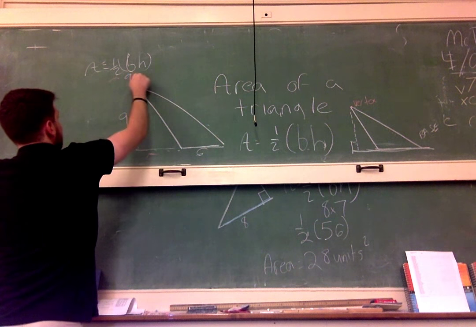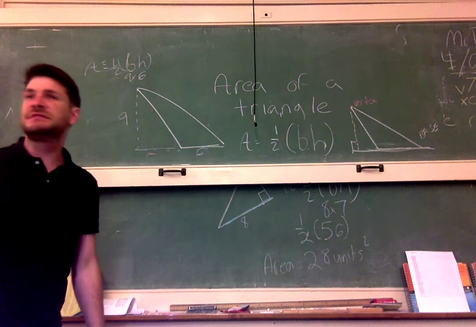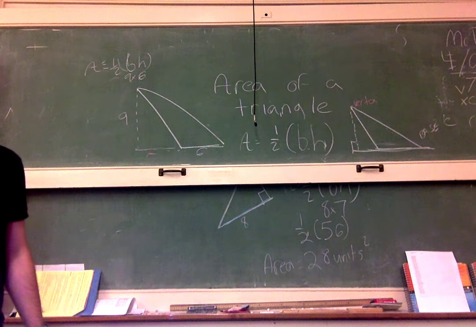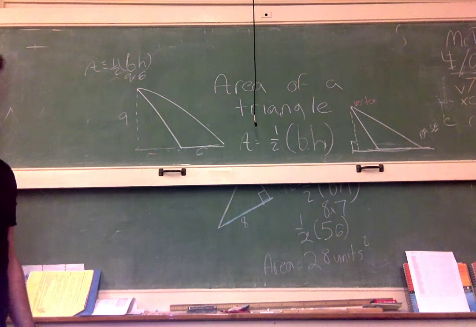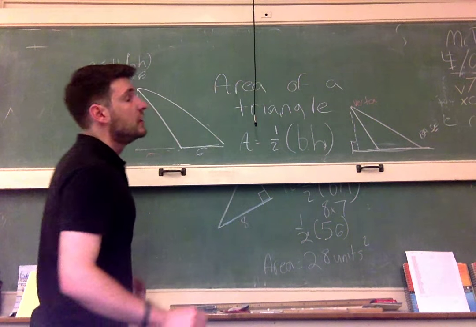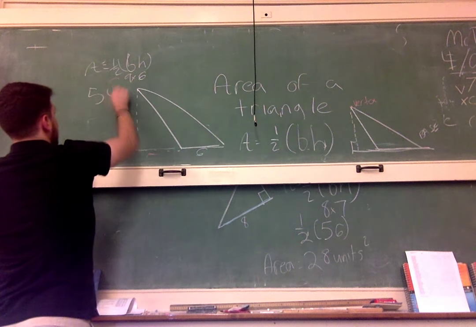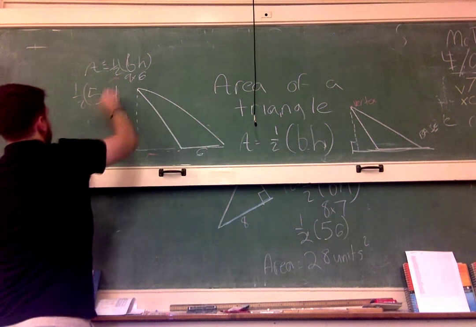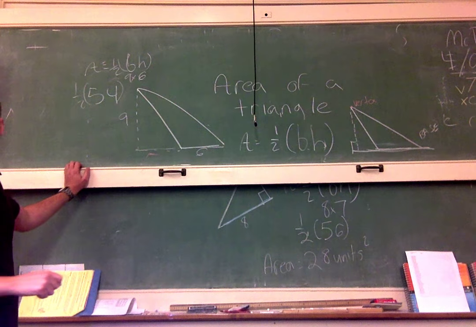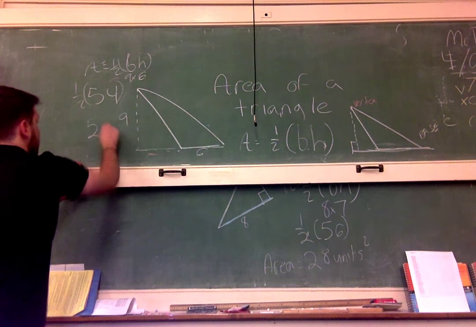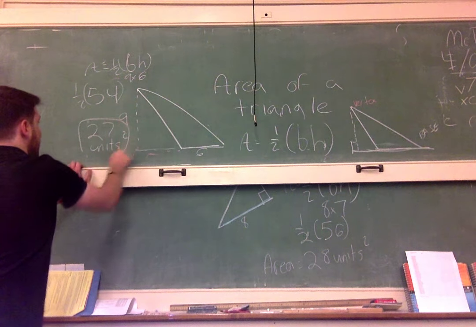So 9 times 6, as you know, is 54. So if you take 54 and you multiply it by 1/2, you're going to end up with 27 units squared. That's your area.